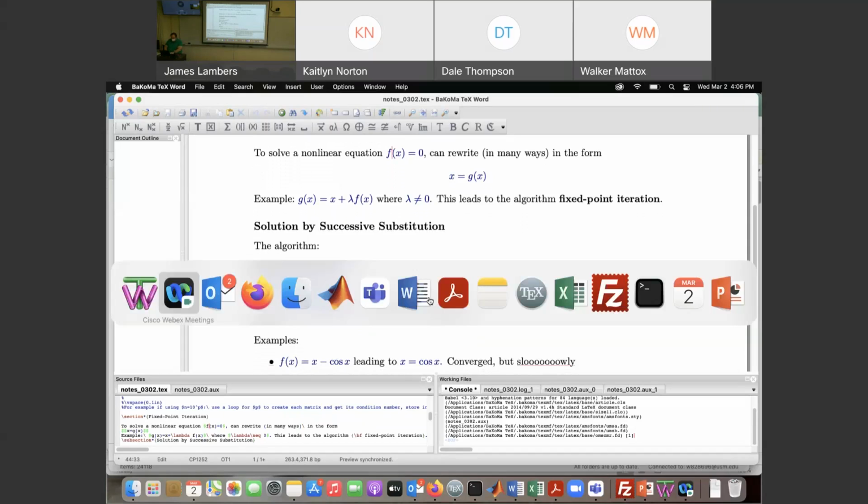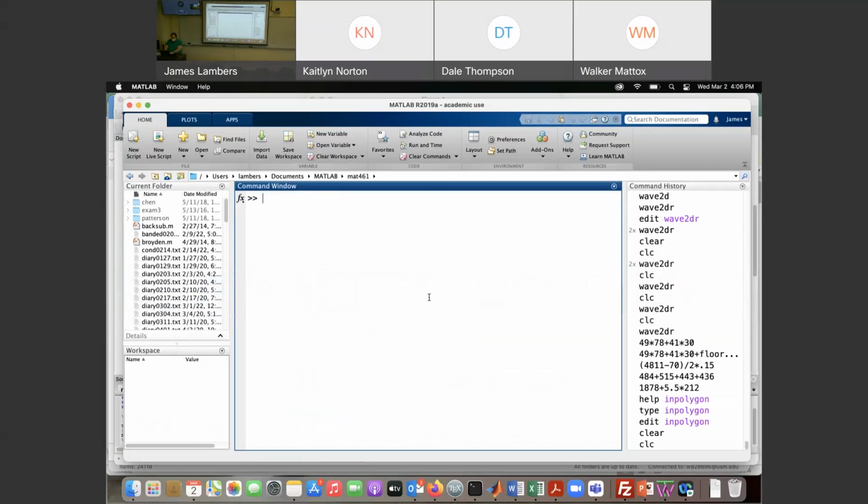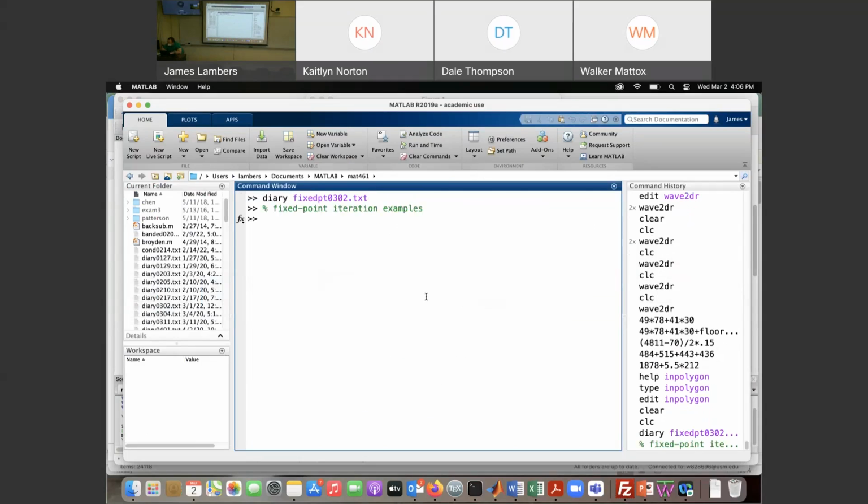So, let's deal with some MATLAB. Okay. So suppose the first example is solving f of x equals 0, where f of x is equal to x minus cosine x.